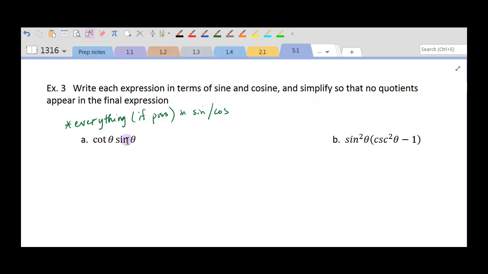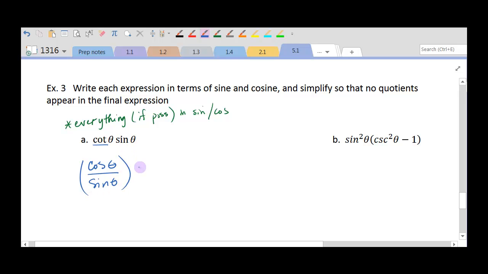Let's start with this one right here. We want to look at cotangent theta sine theta, and I want to rewrite this, basically getting rid of cotangent. I do that by asking, what can I replace cotangent with, and only leave it in terms of sine and cosine? Well, I can rewrite cotangent as cosine over sine, and I'm still multiplying this by sine.